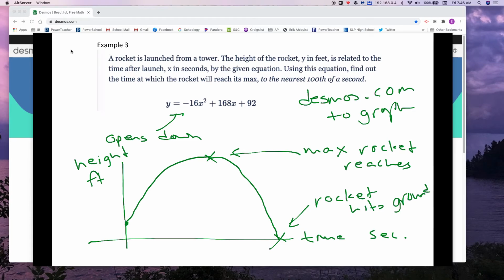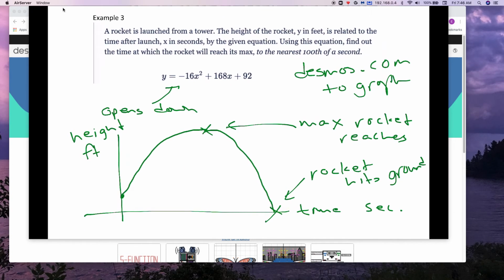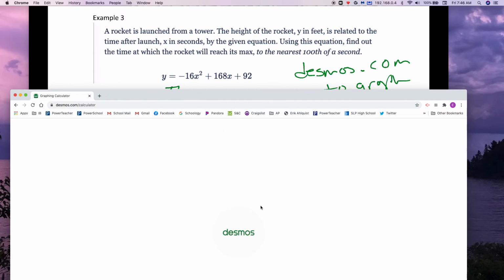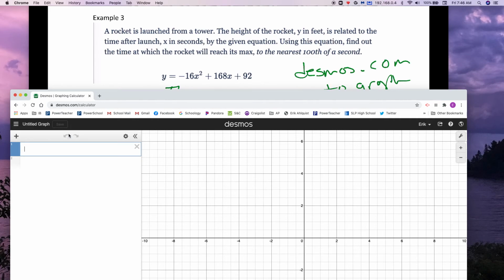I am going to pull this up here, and I'm going to go to Desmos. So I just typed in desmos.com, and I'm going to go to graphing calculator. And over here, I'm going to type in y equals negative 16x, and I use the little caret to get the squared, plus 168x plus 92.